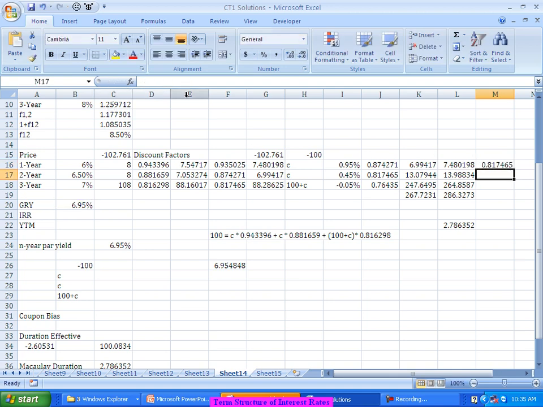So here I am doing 1 by 1 plus R to the power 4. 1 by 1 plus R to the power 5. These are the discounting factors now.